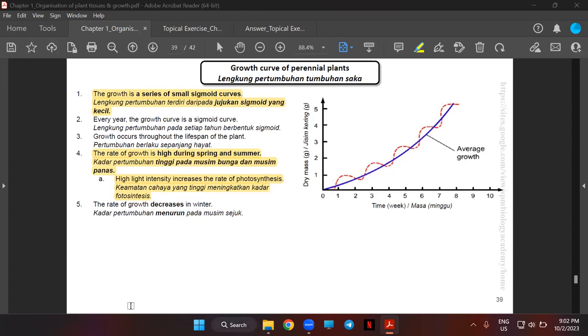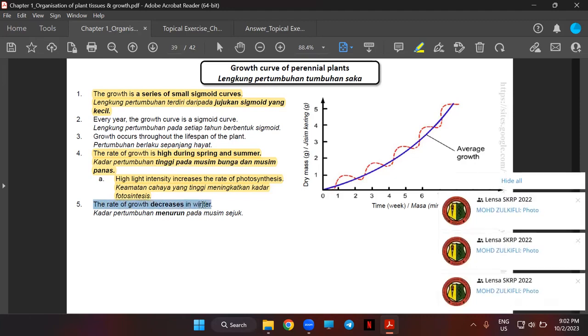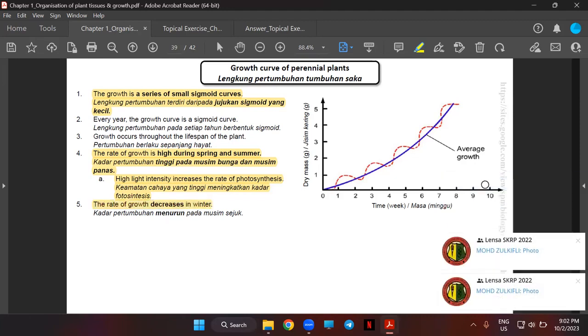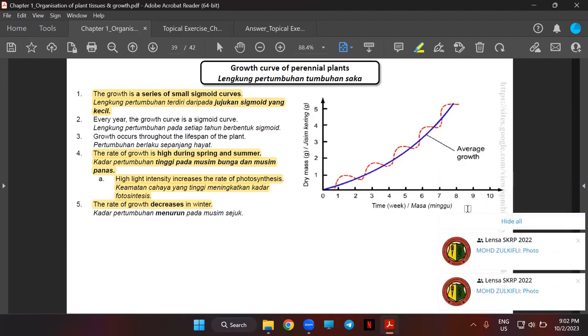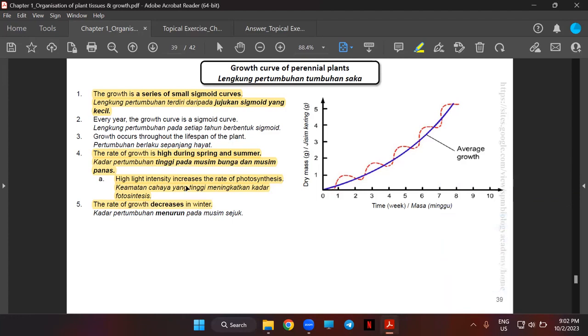Ataupun you can write this as well. The rate of growth, okay, kalau siapa nak tulis nombor 5, the rate of growth decreases in winter due to low light intensity, which decreases the rate of photosynthesis.